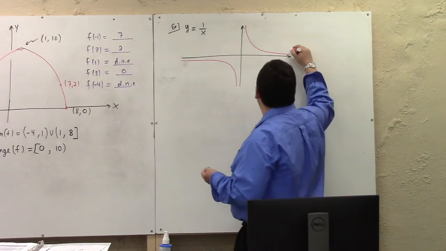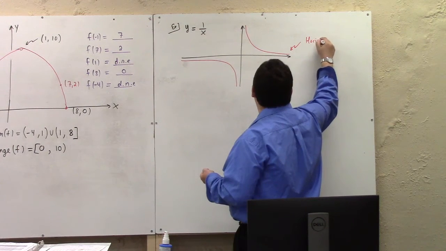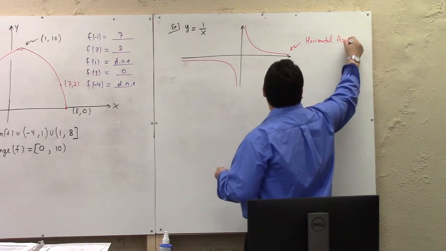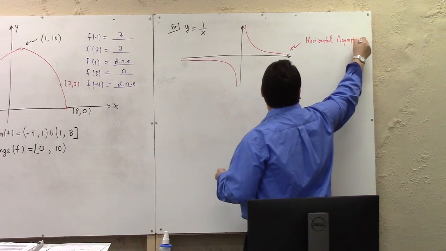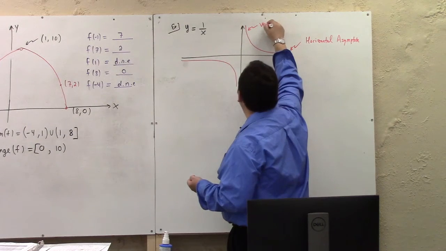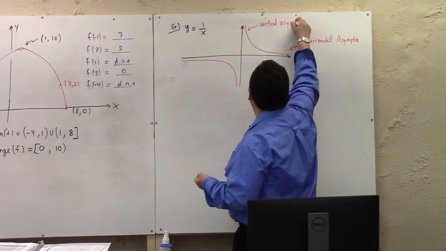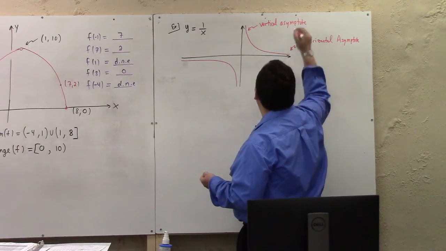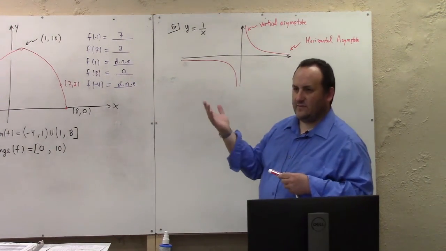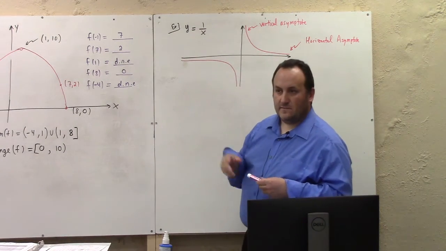So this is a so-called horizontal asymptote. And this guy, on the other hand, is a vertical asymptote. The word asymptote just basically means it's getting closer and closer and closer, but it doesn't actually get there, right?